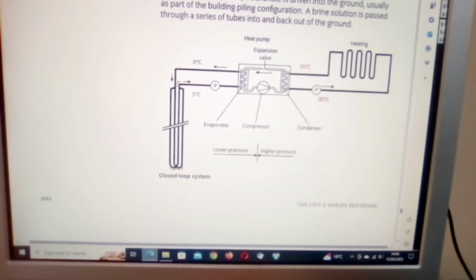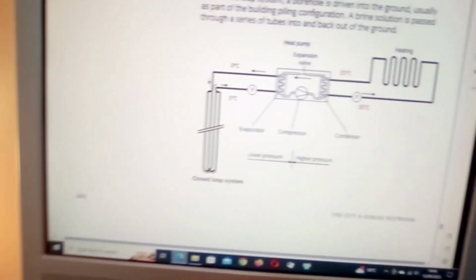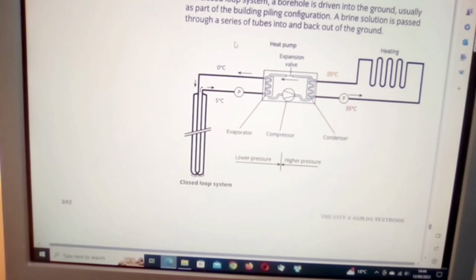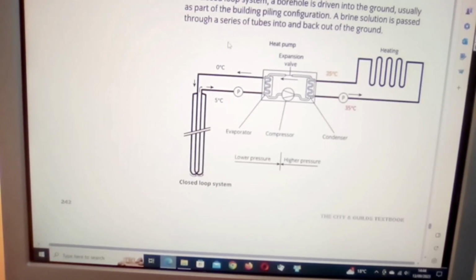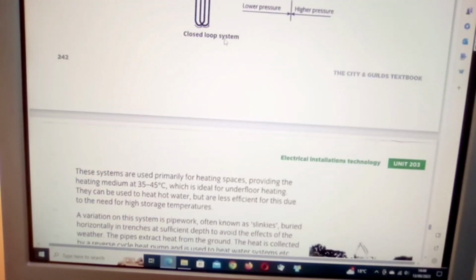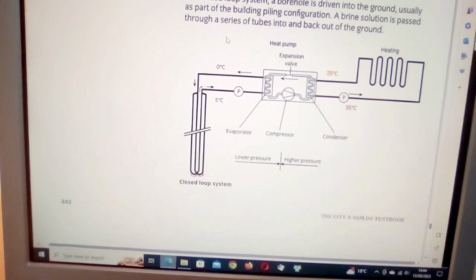And here you have some pump systems showing you how it works. Let me just go on to this a little bit more.